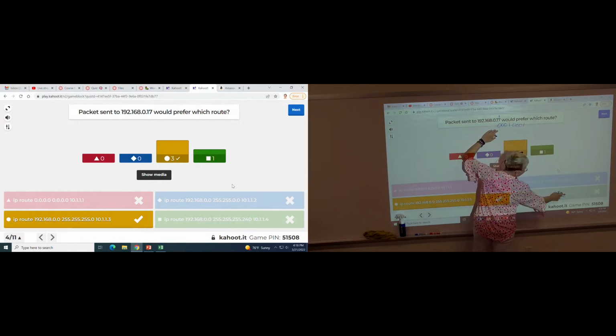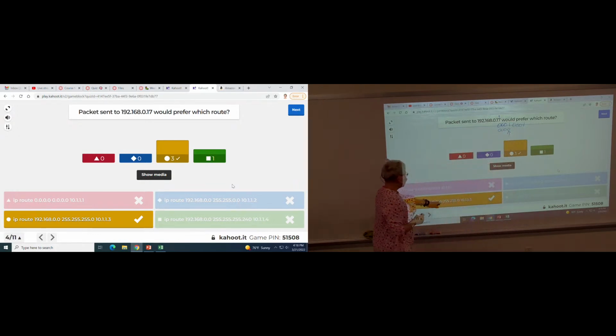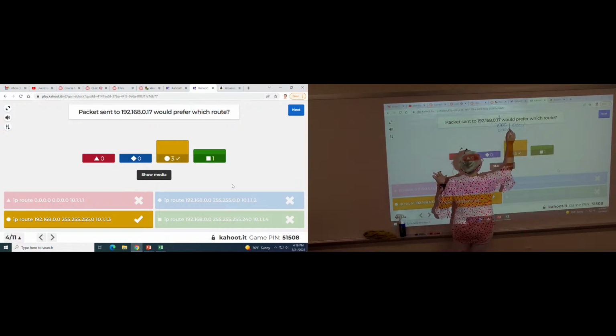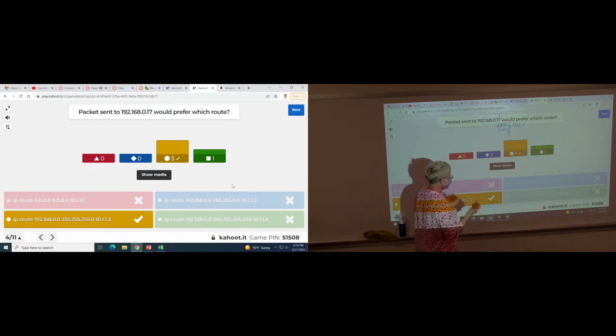And here, the 240, so I have a mismatch right there. So that pushes me back to the 24 bits. That route doesn't match, because as soon as I hit this mismatch within the allotted subnet mask, I'm out of the game.